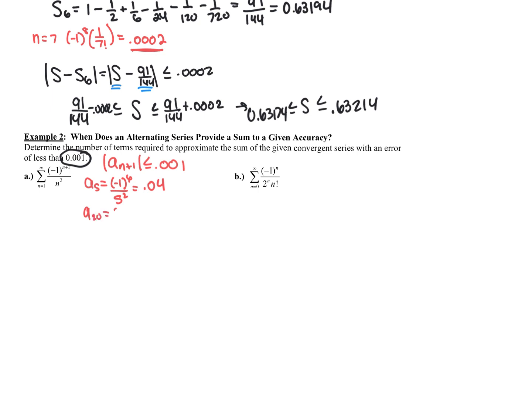So that will be negative 1 to the 21st over 20 squared. So that will be negative 1 over 400. So that will be negative 0.0025. So we're getting closer, right? If we try a sub 30, we'll get negative 1 to the 31st over 30 squared. So that will be negative 1 over 900.